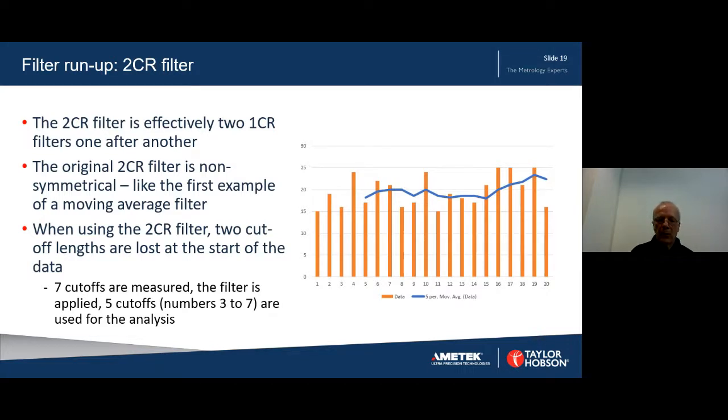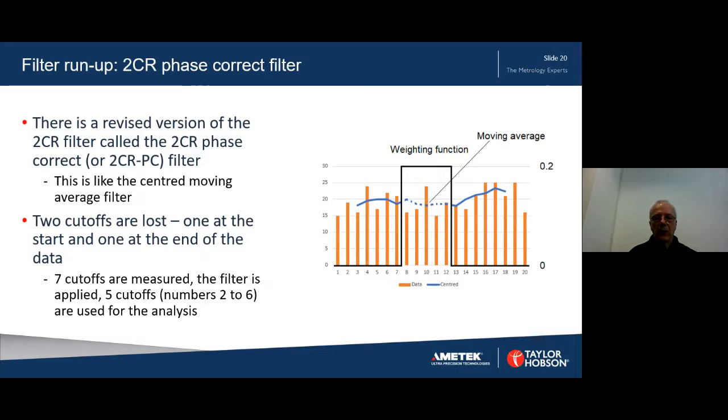So both of these 2 cutoffs are lost from the start of the dataset. This means that to analyze over 5 cutoffs, we need to measure 7 cutoffs. As the filter run-up is 2 cutoffs from the start, the analysis will be performed on cutoffs 3 through 7.